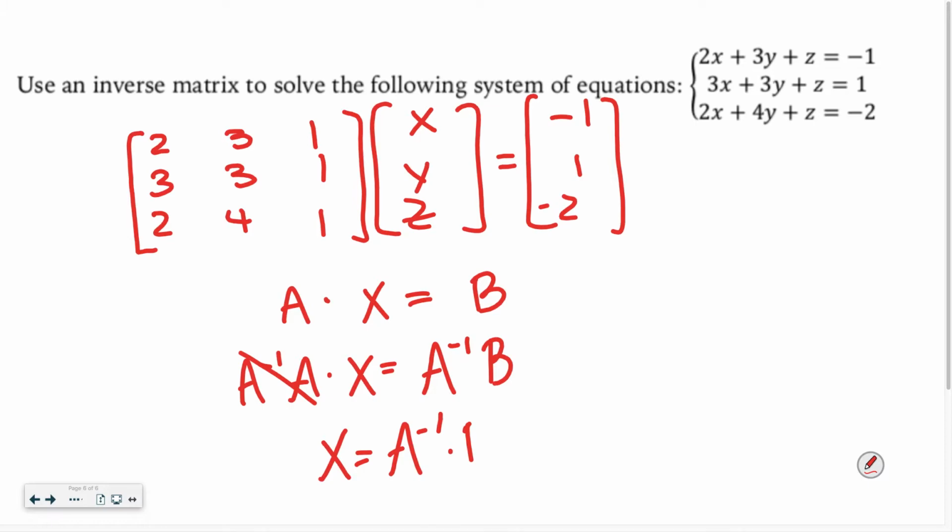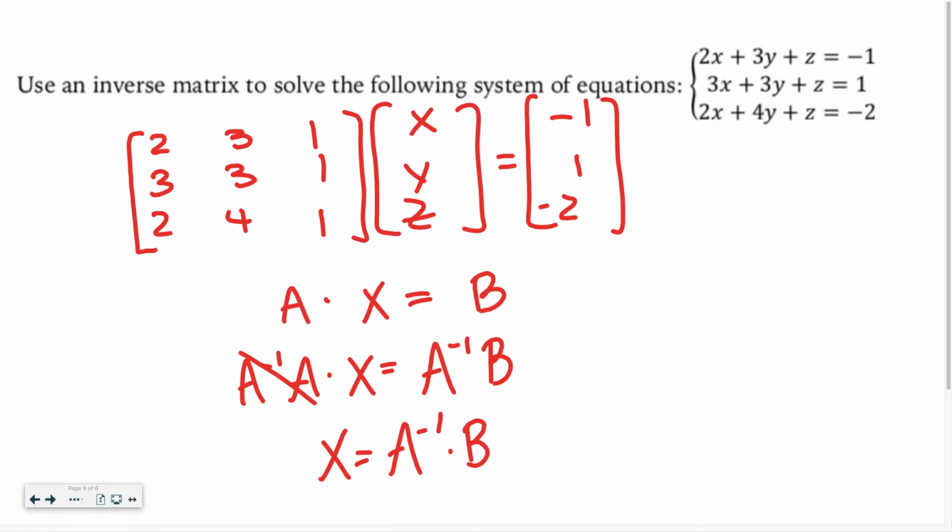So just like in the previous example, we need A inverse times B. What did I tell you about a 3 by 3 matrix? So what we can do, we can plug A into our calculator under A. We can plug B into our calculator under B. And then we can take A inverse times B. So let's go ahead and do that.